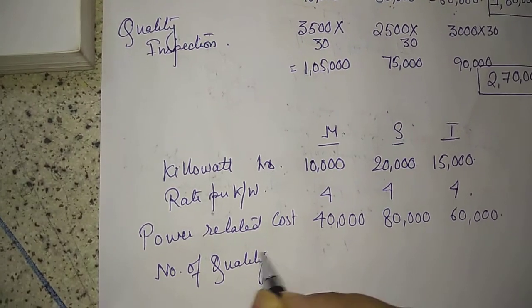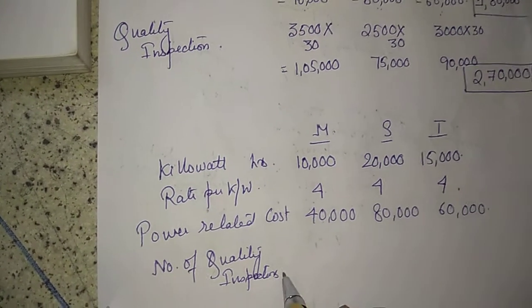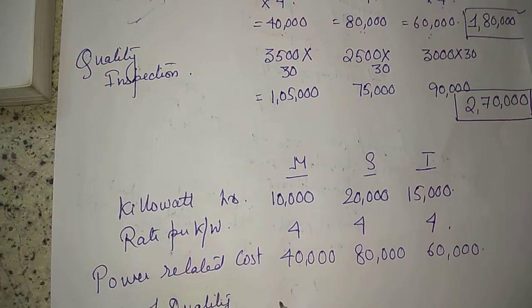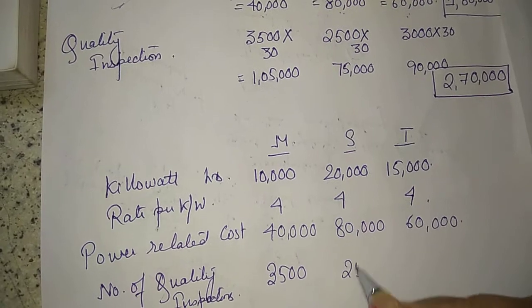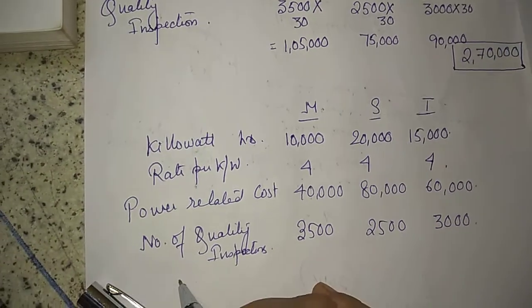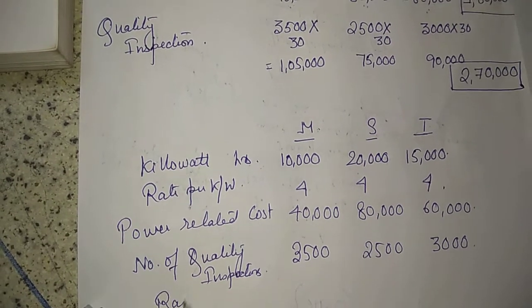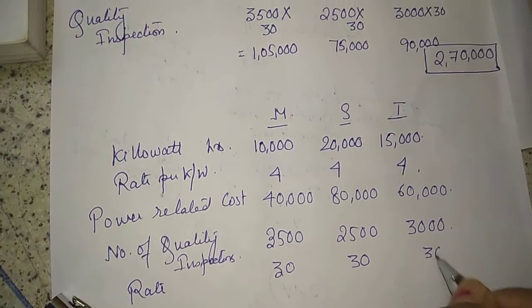Next is the number of quality inspections. How many quality inspections? 3,500, 2,500, 3,000. The rate per quality inspection is 30, 30, 30.